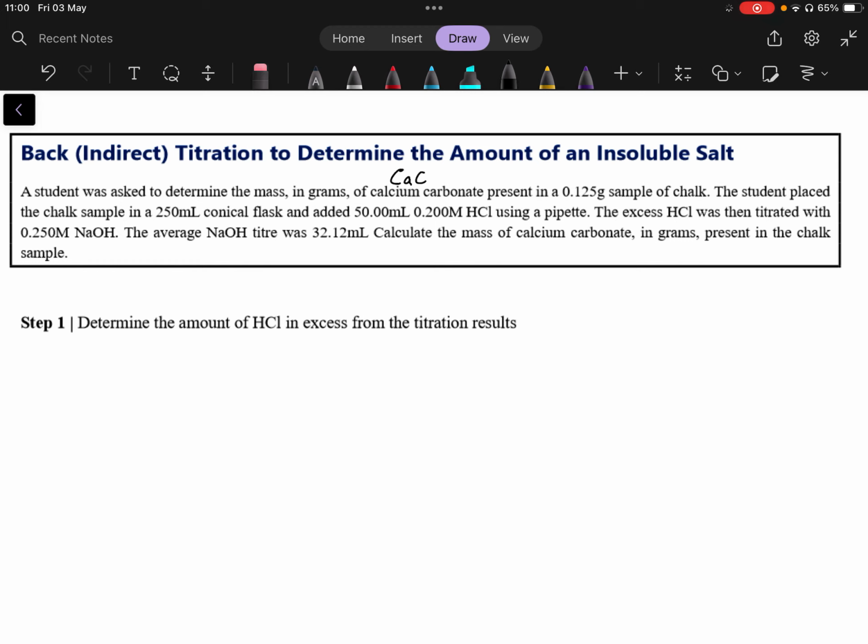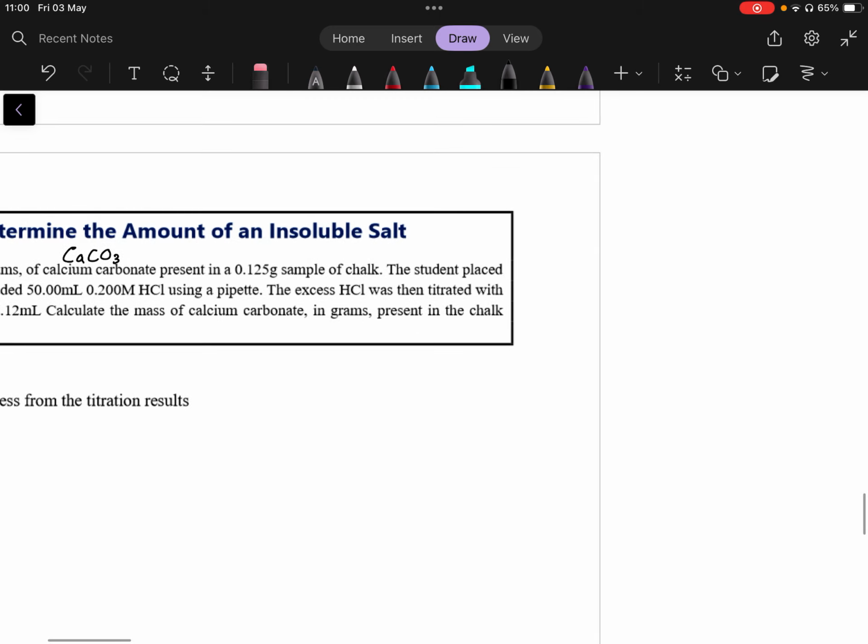So it's calcium carbonate, CaCO3, present in a 0.125 gram sample of chalk. So as always, if we think about this, we have a sample of chalk. This thing in total weighs 0.125 gram, and then a certain percentage of it is calcium carbonate, and the rest of it is something else.